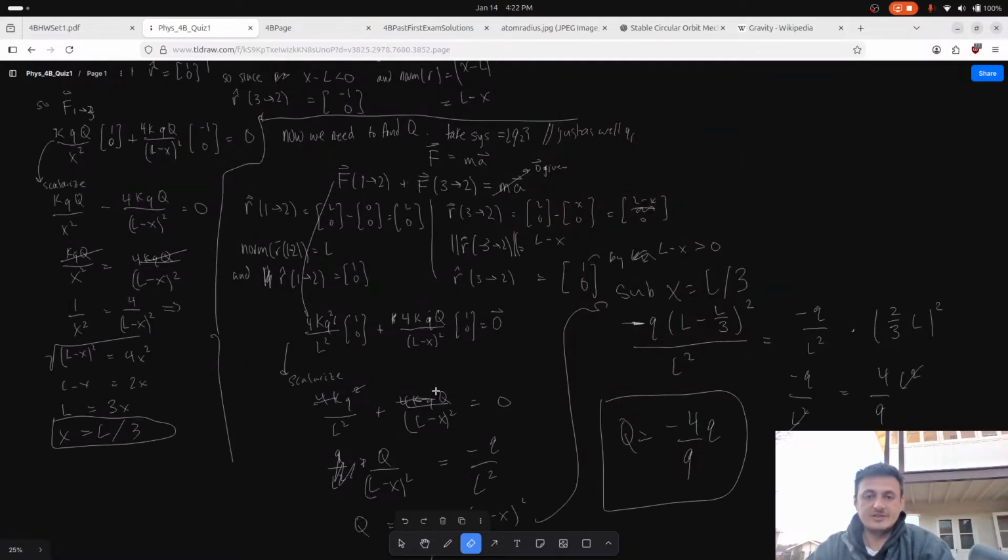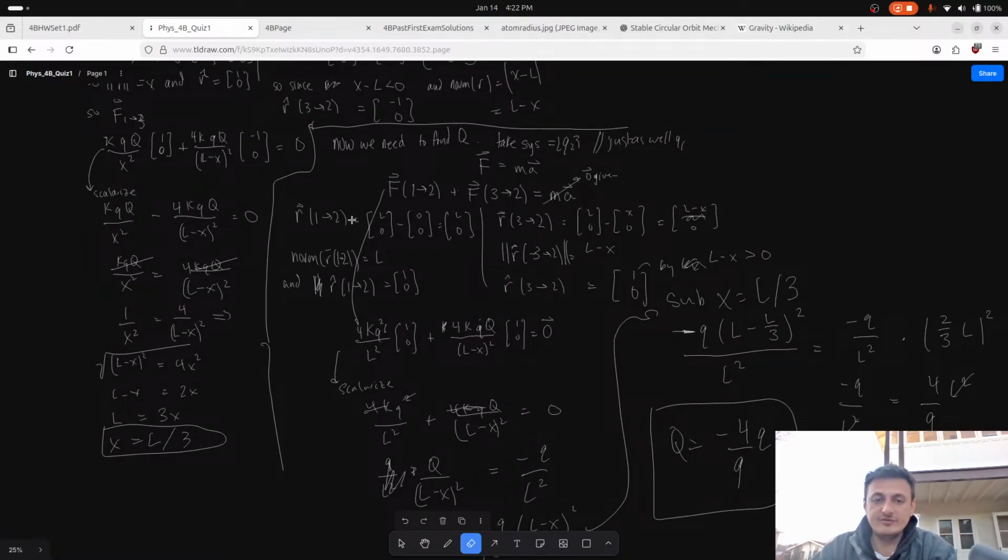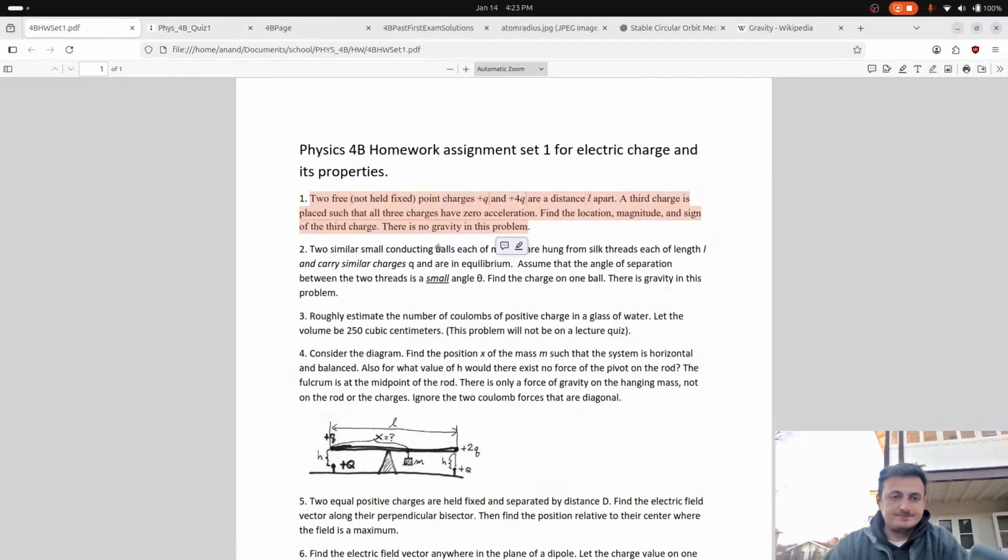All right, so that first problem is good, and I want to get in the habit of doing this. The problem is when it becomes a real two-dimensional problem, it becomes a total freaking mess. Okay, that's problem 1. Let's do problem 2.